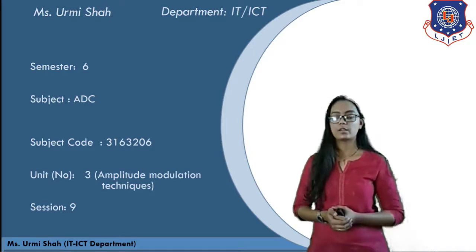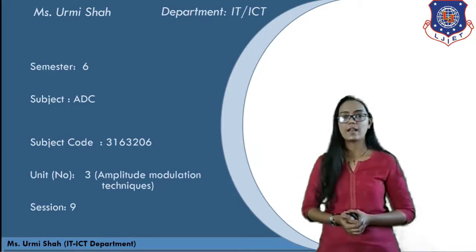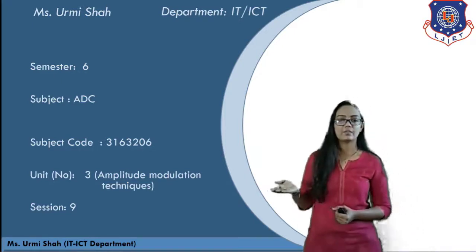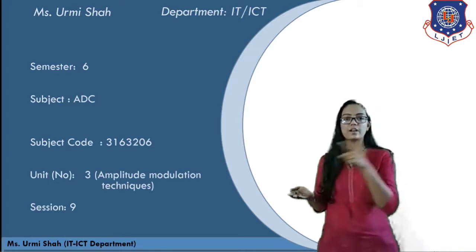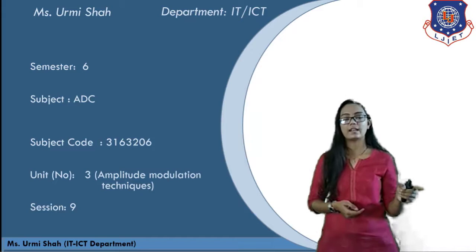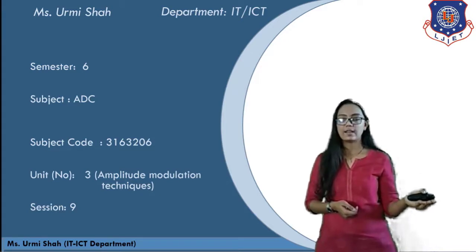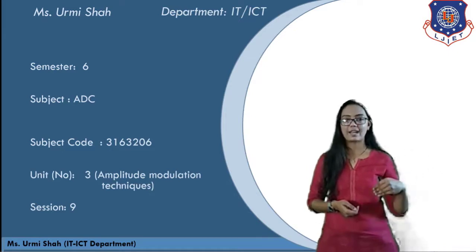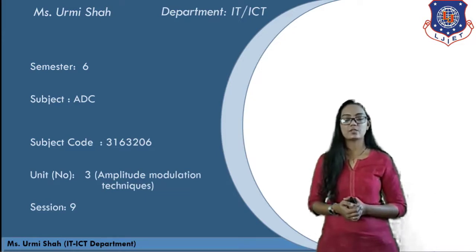Now basically what is demodulation? If we have the transmitter end modulating the signal from one end to another end, that is the receiver end, once the signal is received at the receiver end, we need to retrieve it back into the original message signal which was transmitted from the previous end.